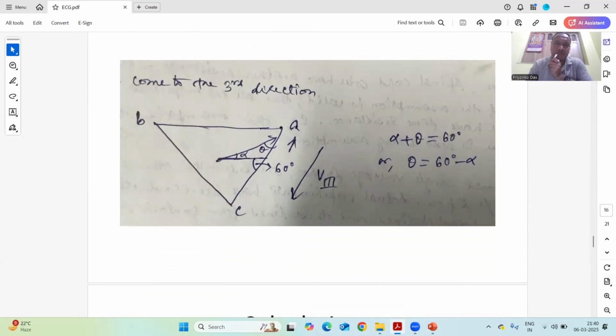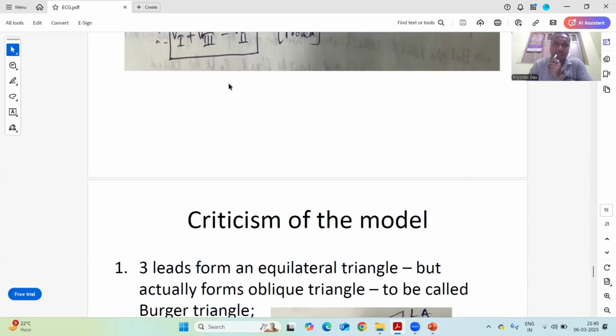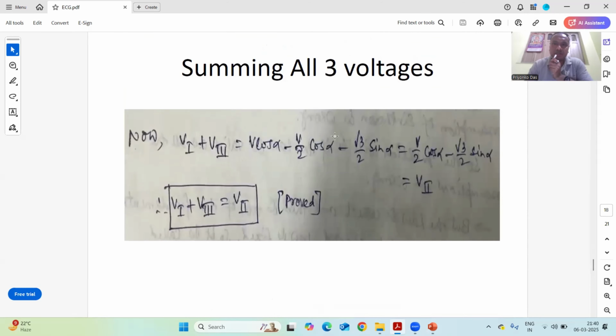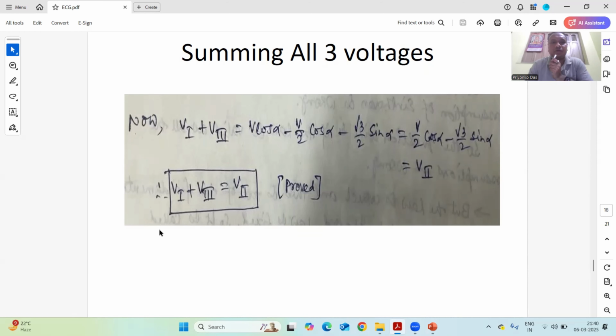The value of V2 is exactly what I have got after adding V1 plus V3, such that V1 plus V3 is equal to V2. Hence Einthoven has proved his calculation, and he has proved that his law of ECG was all right.